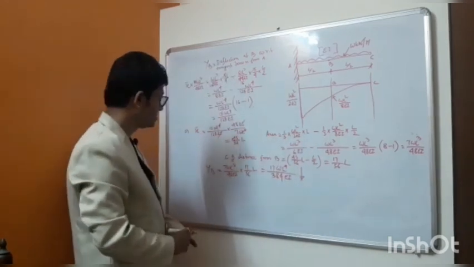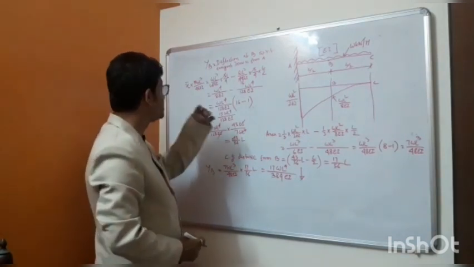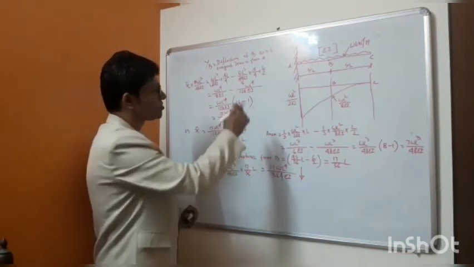So this will be the deflection of the point B with respect to the tangent drawn at A.